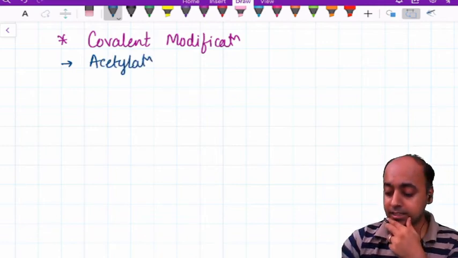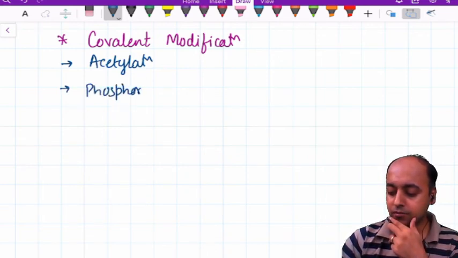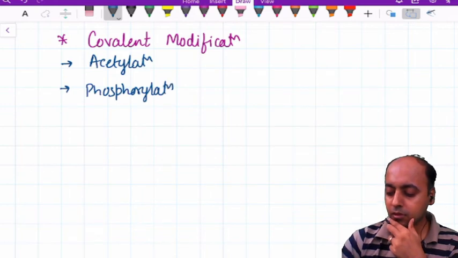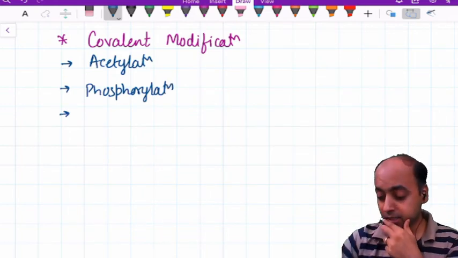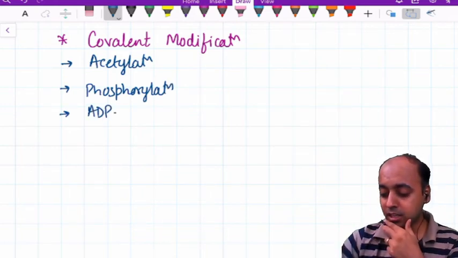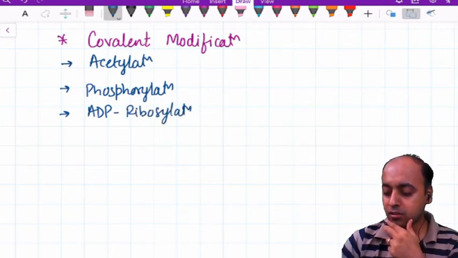We find acetylation. We find phosphorylation. We find ADP ribosylation, where ADP ribose is added. We find methylation.